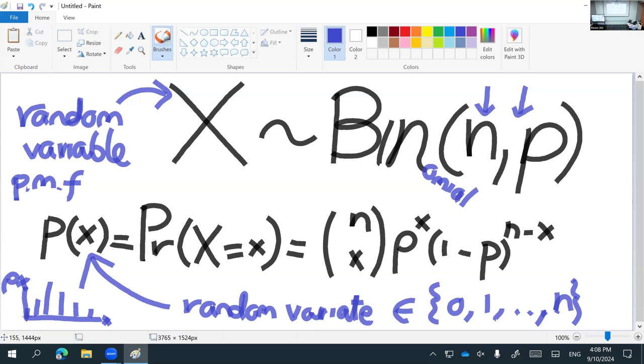And what is this Pr here, and what is equality here? This Pr stands for probability that X, random variable X, takes on value or variate.